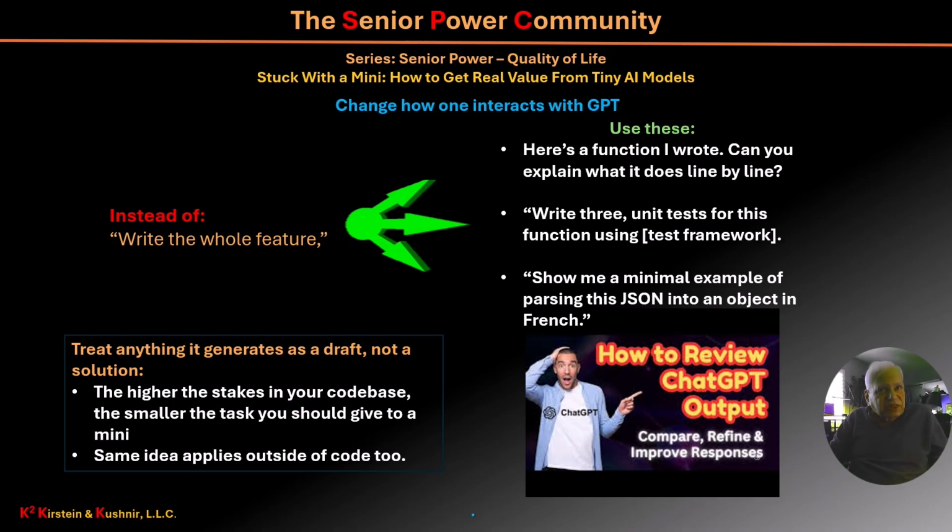And we treat anything it generates as a draft, not a solution. And certainly, the higher the stakes in your code base, the smaller the task you should give to a mini. And that same idea applies to everything outside of the code, too.